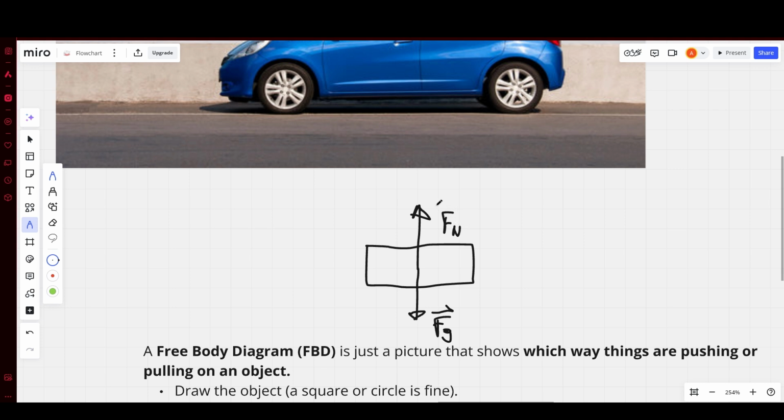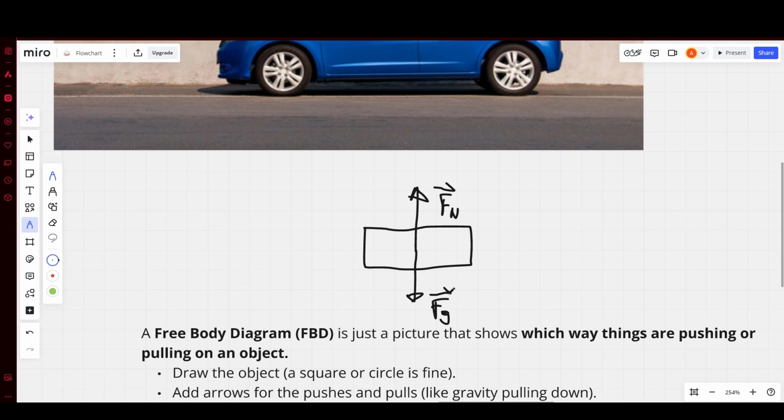And vectors are just quantities that have size and direction. Anyway, you look at this free body diagram, we should also label this FBD car. Sorry for the bad handwriting.